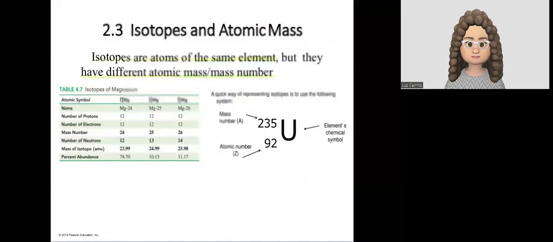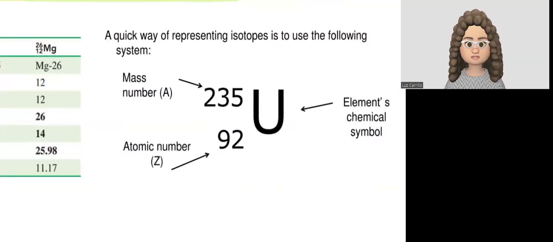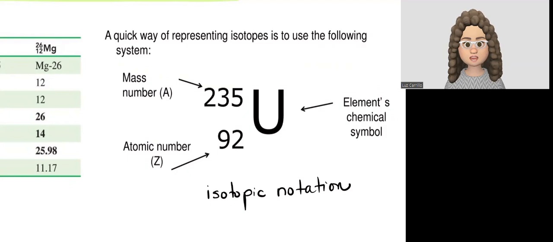Lastly, when it comes to isotopic information, we have a notation that is utilized to represent an isotope. As you can see on the right side of the slide, this is known as isotopic notation. In an isotopic notation, first we write the element symbol.